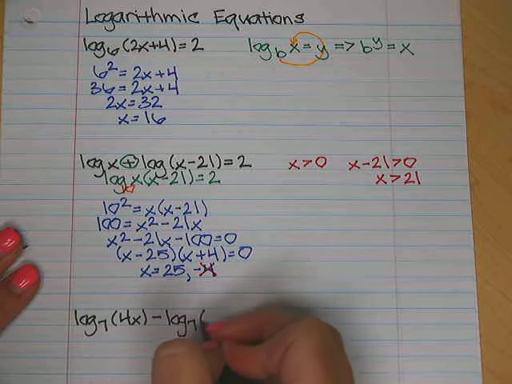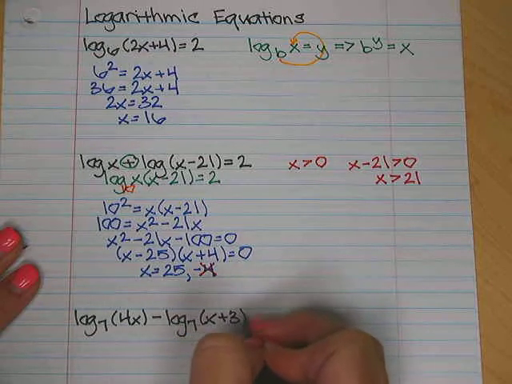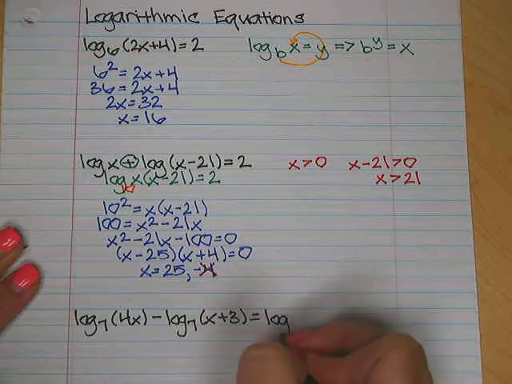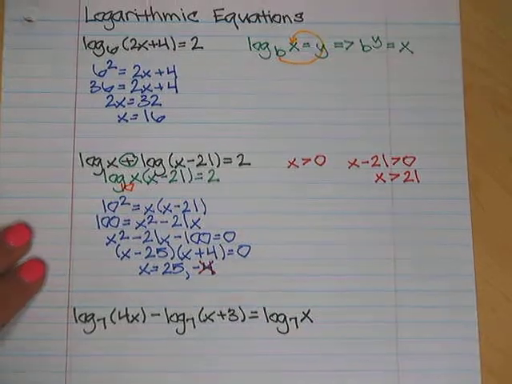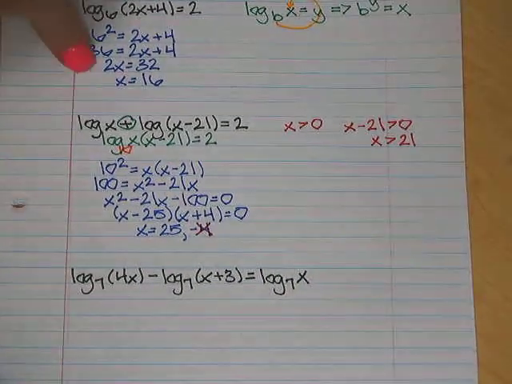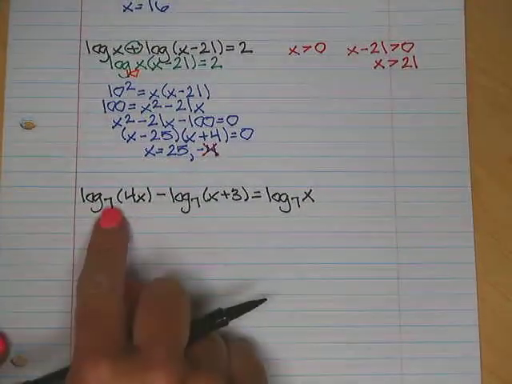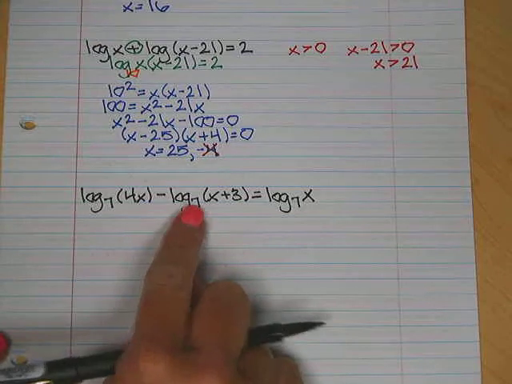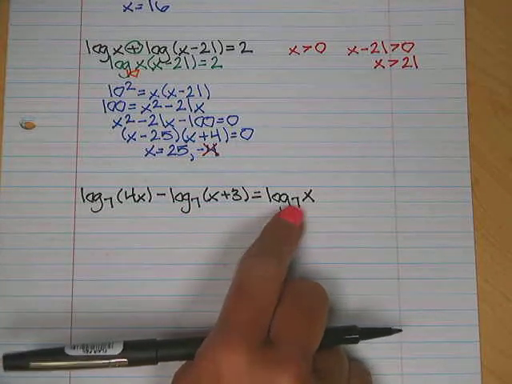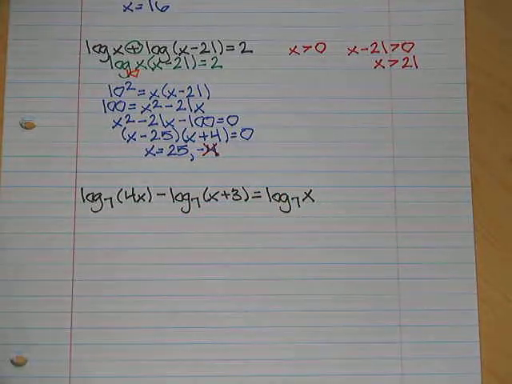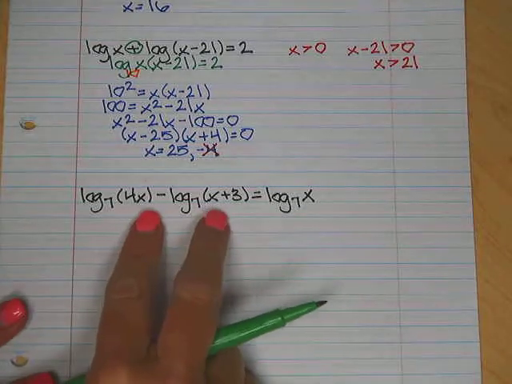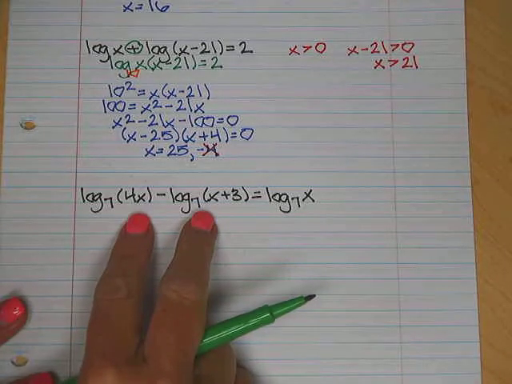Log base 7 of 4x minus log base 7 of x plus 3 equals log base 7 of x. So this problem is different than the others in that here we have an expression of logs on the left and a single logarithm on the right.